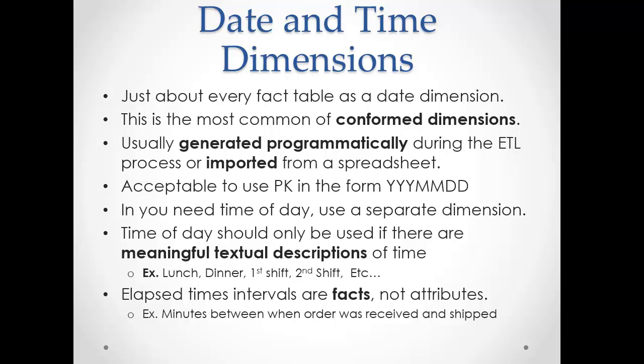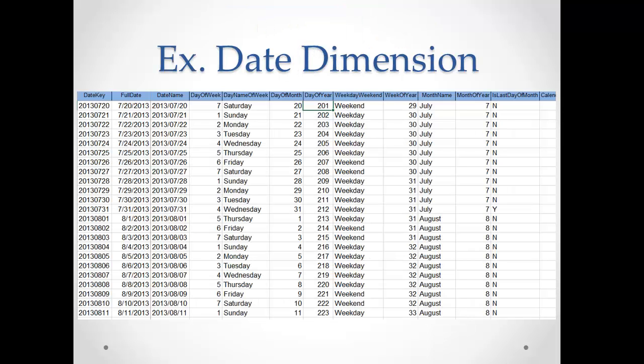We usually generate the date dimension programmatically during the ETL process, or we just make it in a spreadsheet and then import it. But the bottom line here is that the date dimension has meaningful values in it that are usually calculated or derived, and they're there to just kind of grok more useful information from our underlying data.